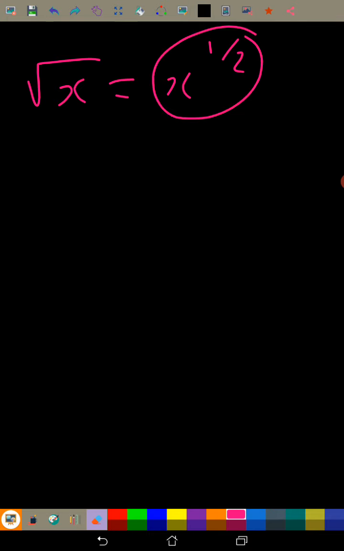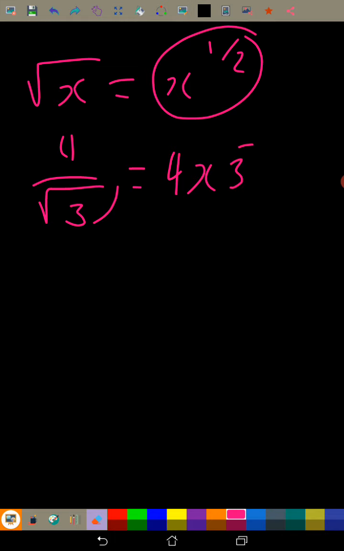Alright, that was an example, and we have some other examples for you. This is just a half. The square root can be written as power half here. Some more complex or daunting example is this. By bringing the denominator up, we'll have 3 to the power of minus half.